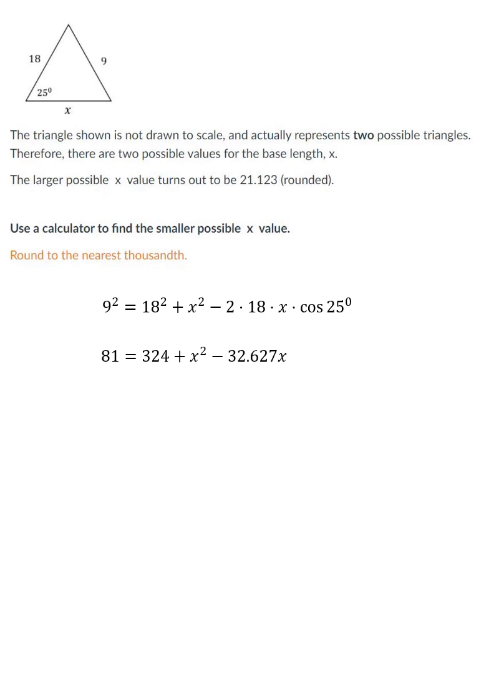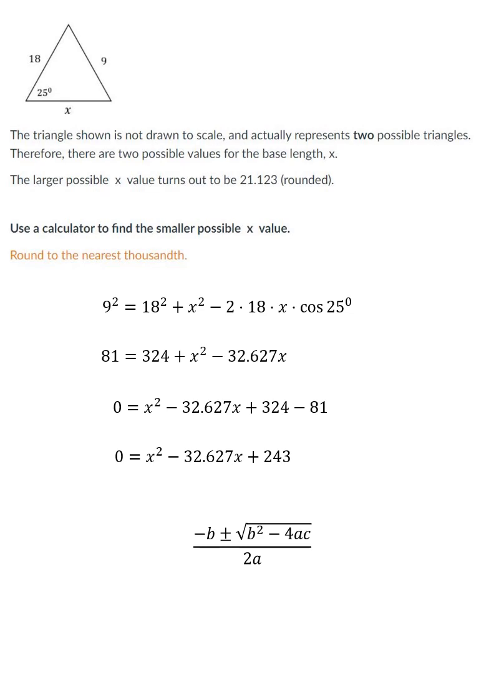I then decided to set my equation equal to 0 by subtracting 81 from both sides, and further, I combined like terms. The purpose of getting your equation in this format, and the reason I call this an 8th grade math problem, is I could use the quadratic formula to solve for it.